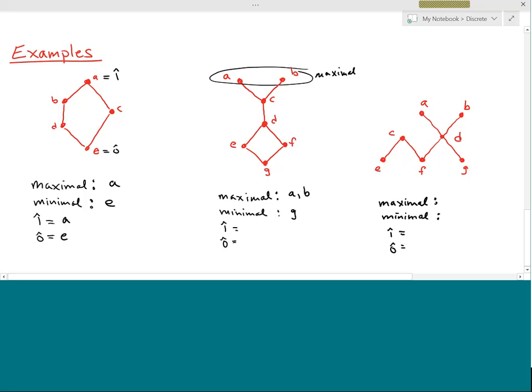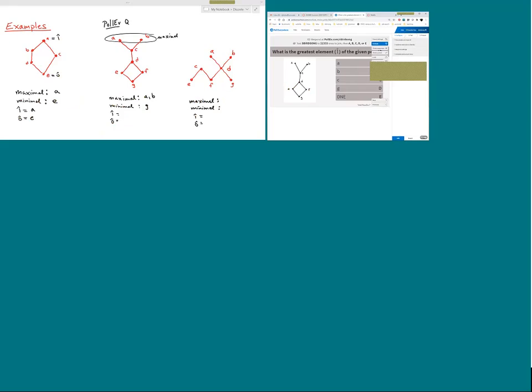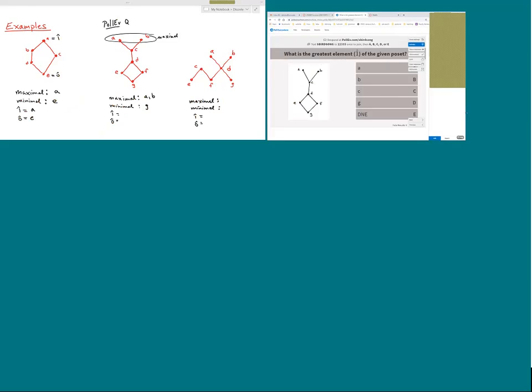Now, for the next part, this particular question I actually threw up on Poll Everywhere for us. I see that a little more than half of you have already found it. So I'm going to go ahead and share this screen real quick. It only asked you for one thing: for this exact same picture, if you can spot the greatest element.